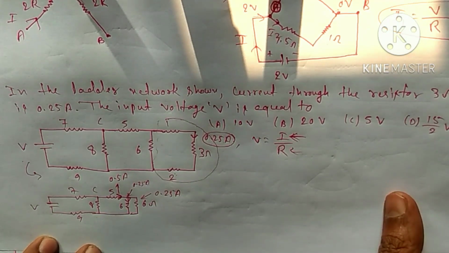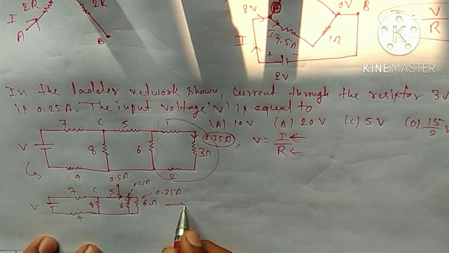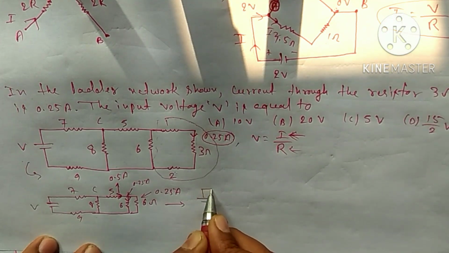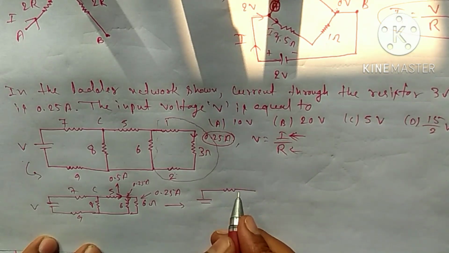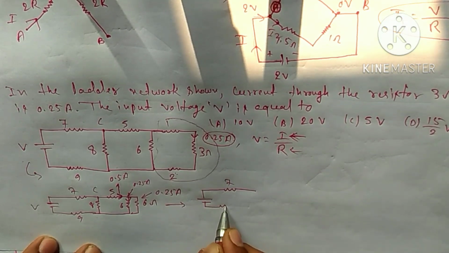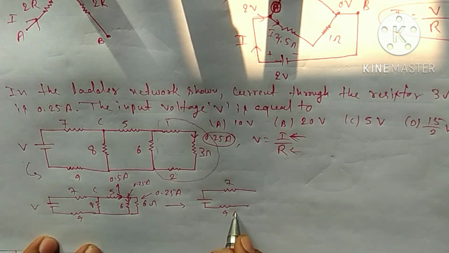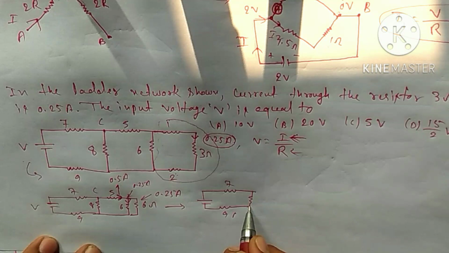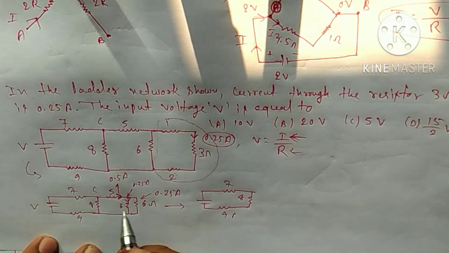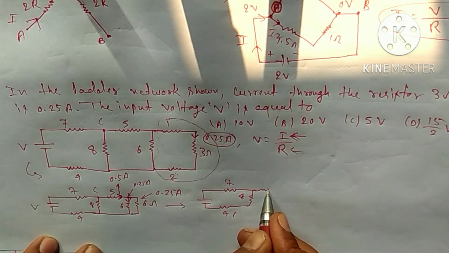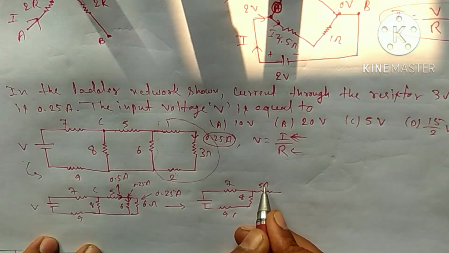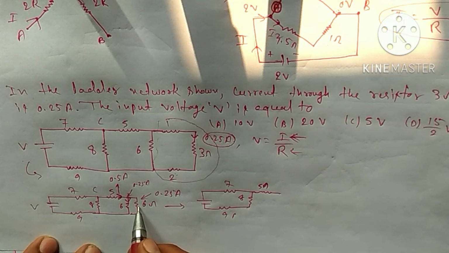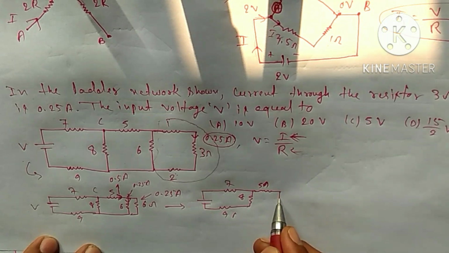Okay, so again we can arrange the circuit. So we need to find the total current, 7 here and 9 here. Okay, so 9 ohm and also 8 here, this is the 8 ohm, and this is the 5 ohm. Okay, so after getting 6 and 6 in parallel, after combining we get the 3 ohm.